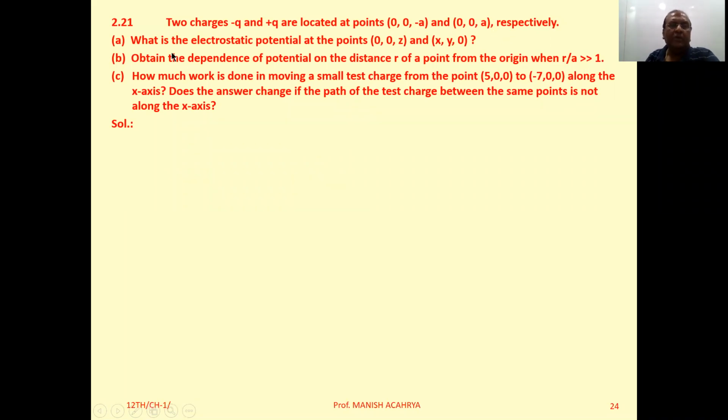Question A: What is the electrostatic potential at the points (0, 0, Z) and (X, Y, 0)? B: Obtain the dependence of potential on the distance r of a point from the origin when r by a is very much greater than 1.